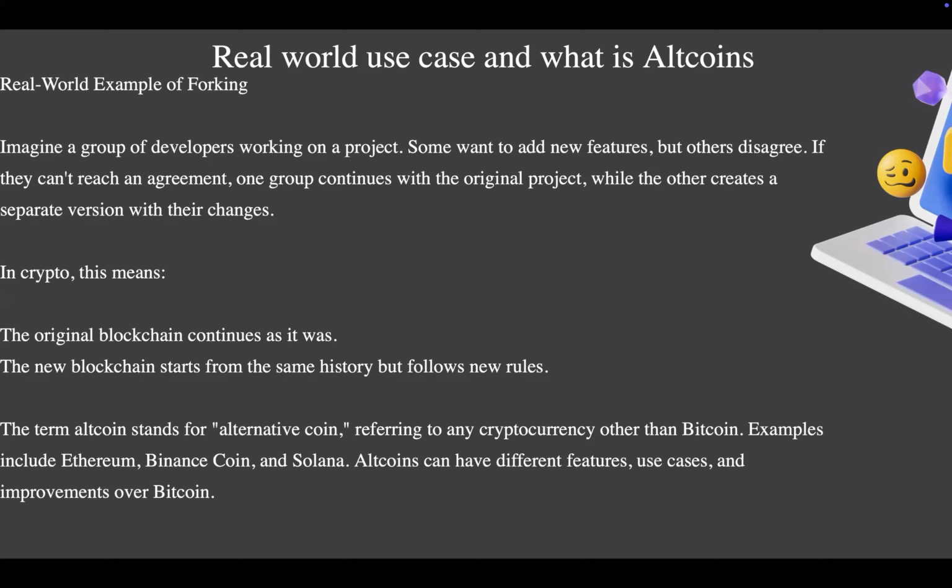In crypto, this means the original blockchain continues as it was, and the new blockchain starts from the same history but follows the new rules. So basically, that's the entirety of what forking is. I didn't want to go so deep so as not to get us confused, so let's keep a level-headed conversation so that we can understand.